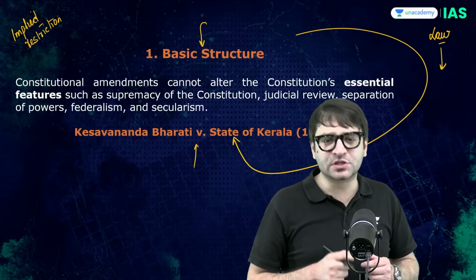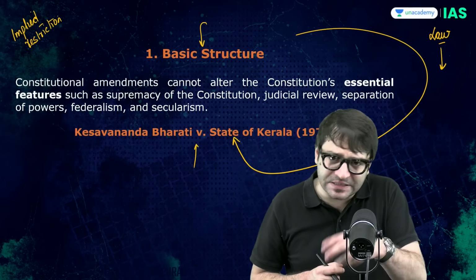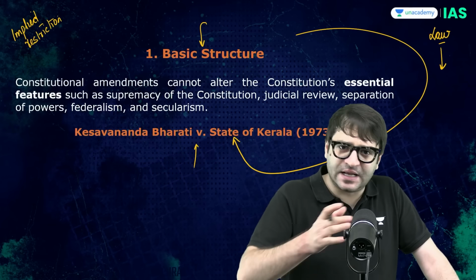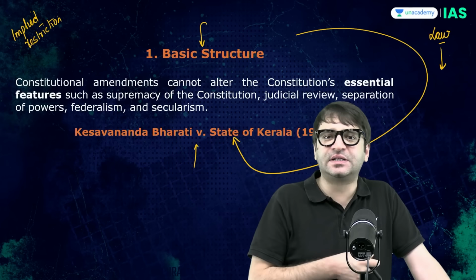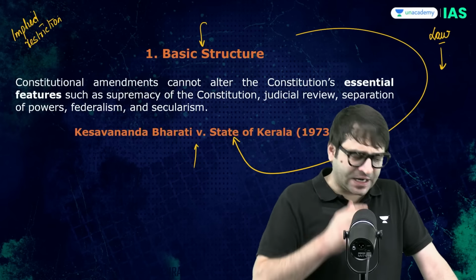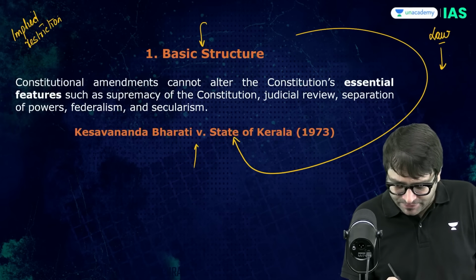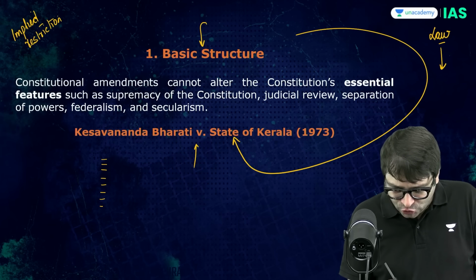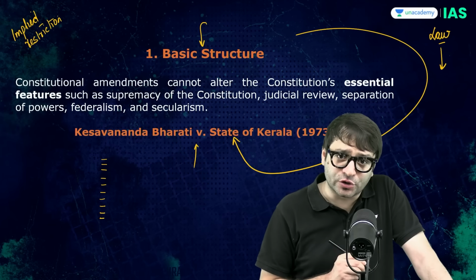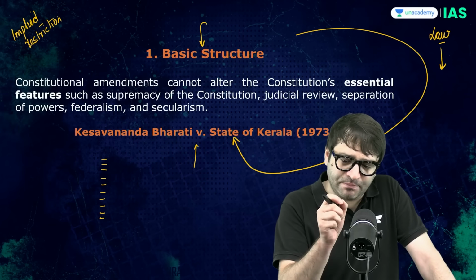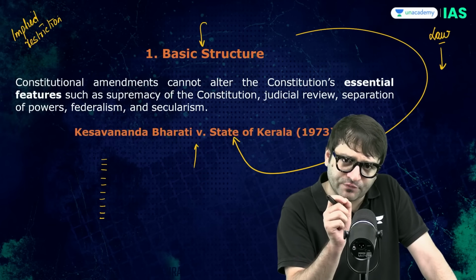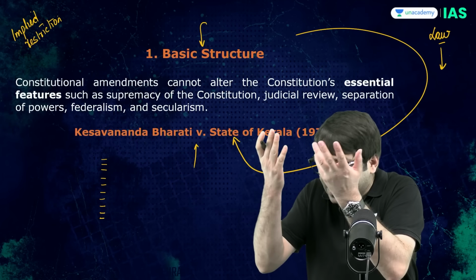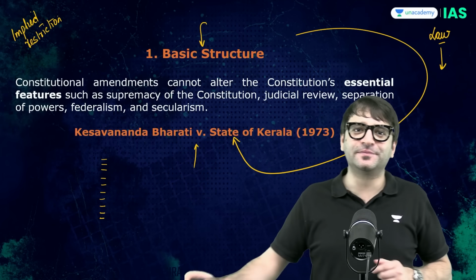Can Parliament do this? Can Parliament enact a law and delete Article 21 and say there is no right to life and personal liberty? Or for that matter, can Parliament use Article 368, amend any provision of the Constitution, which means one by one delete every provision of the Constitution to reach a point where nothing remains in the Constitution?